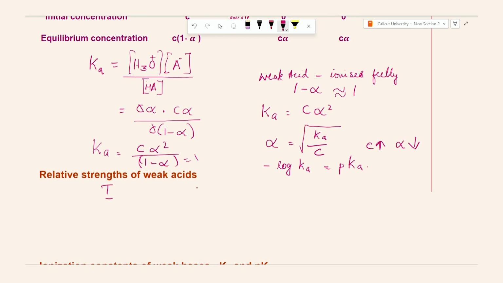Next, how will we compare the relative strength of weak acids? We have two acids, acid 1 and acid 2. Let alpha 1 be the degree of ionization for acid 1 and alpha 2 for the second one.